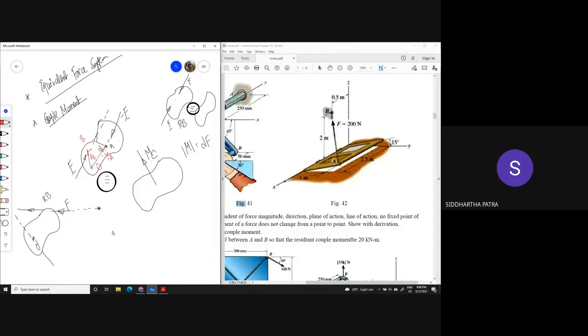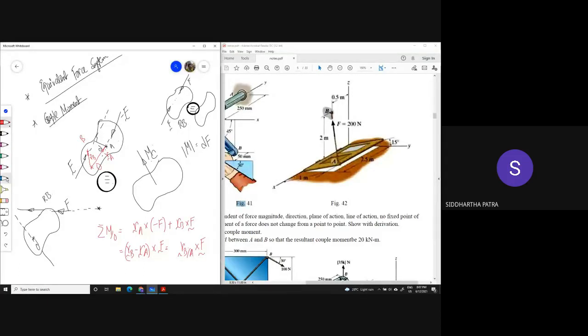So the summation of moments about O due to the two forces would be RA cross minus F plus RB cross F. Now, since the cross product is linear, this turns out to be RB minus RA cross F, which is RB with respect to A cross F.